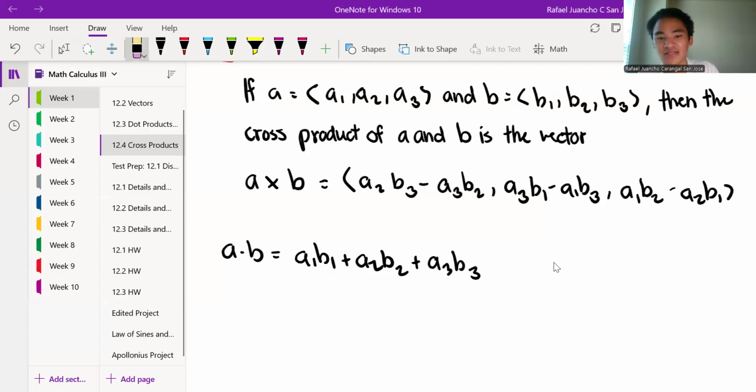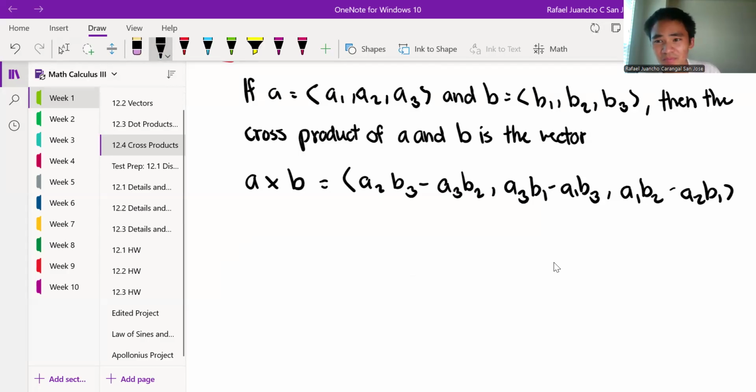That's the dot product, and that's going to be a real number, a scalar. But when we do a cross product of two non-zero vectors, it's going to be a vector. For this reason, the cross product is also called a vector product.